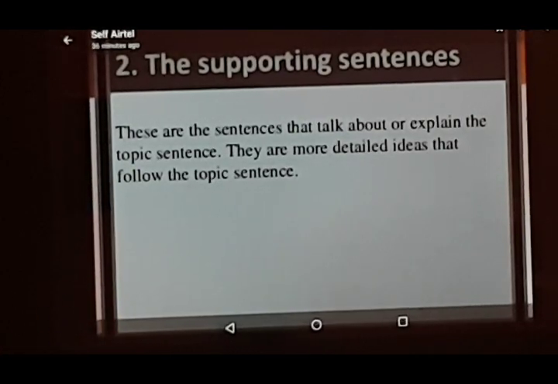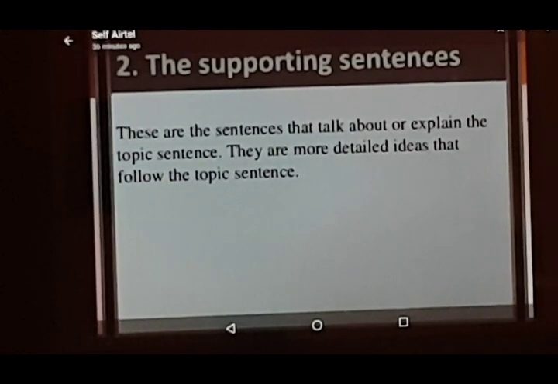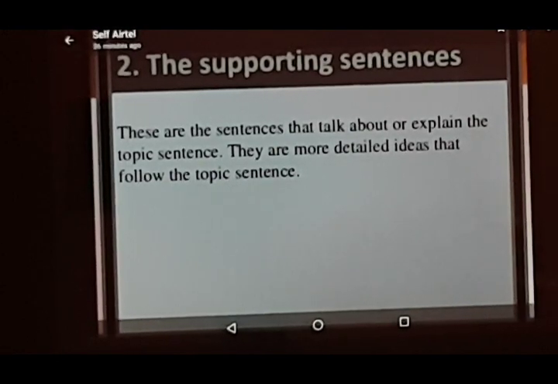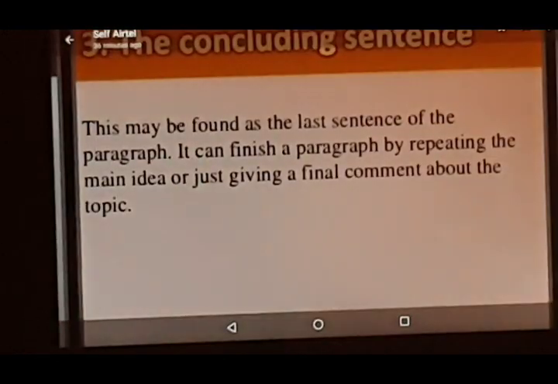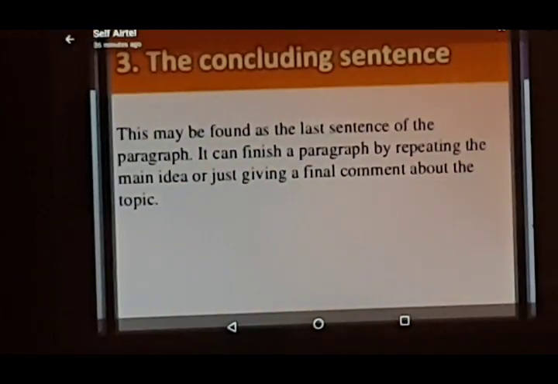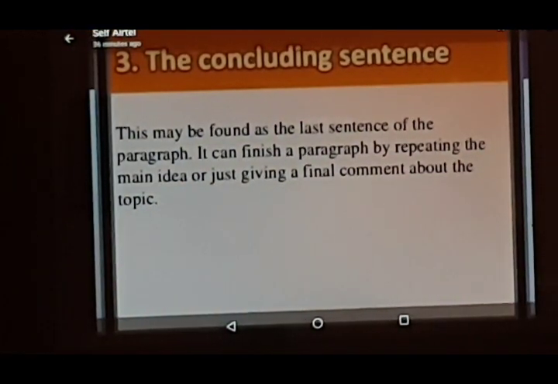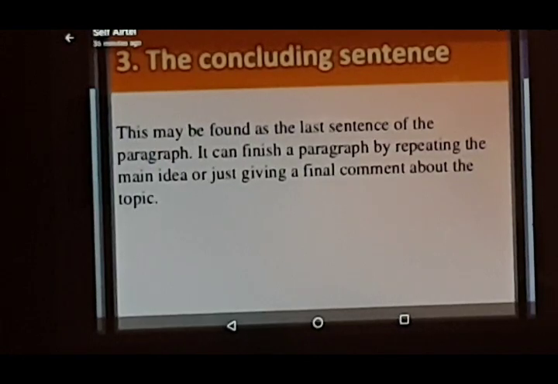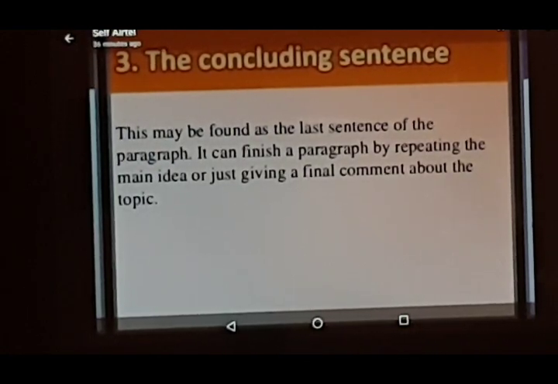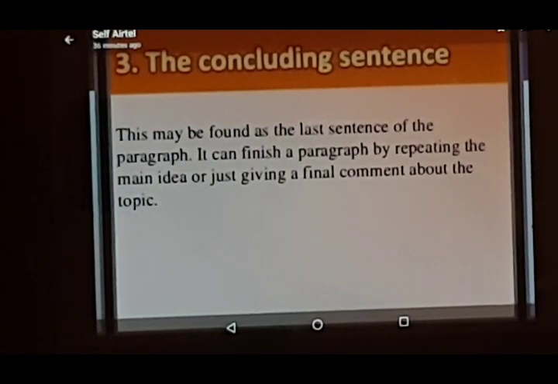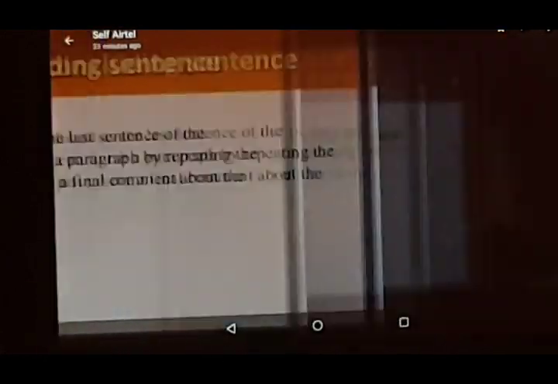So those are the supporting sentences. They are more detailed ideas that follow the topic sentence. Now, the concluding sentence. This may be found as the last sentence of the paragraph. It can finish a paragraph by repeating the main idea or just giving a final comment about the topic.